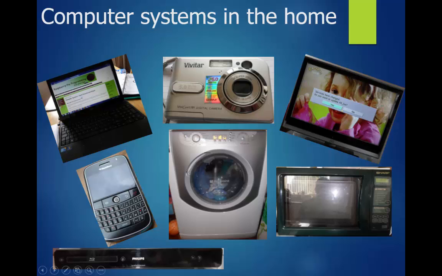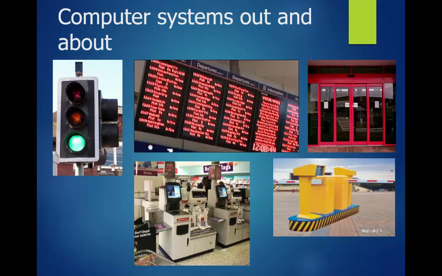All these are computer systems because they all have one thing in common. There are also computer systems outside our house, like a traffic light, an LED panel, an automatic door, an ATM, and a parking machine. All these things also have one thing in common.